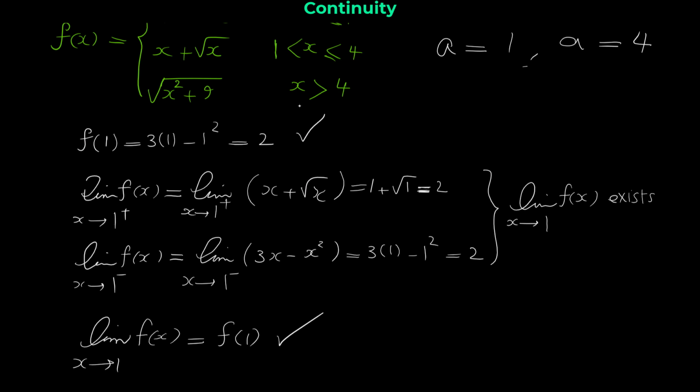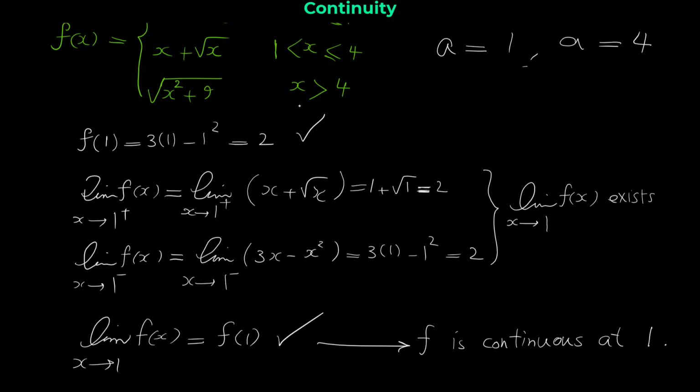Again, why is this satisfied? Because this is 2 and this is also 2, so they are equal to each other. And because all the conditions are satisfied, we can conclude that f is continuous at number 1.